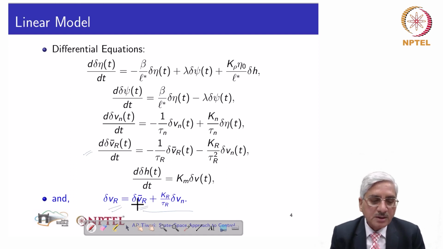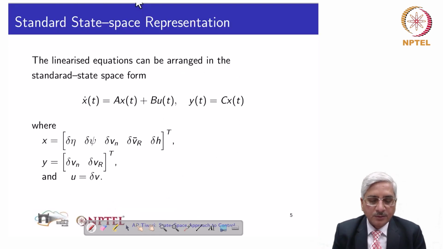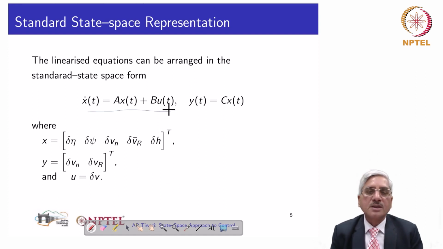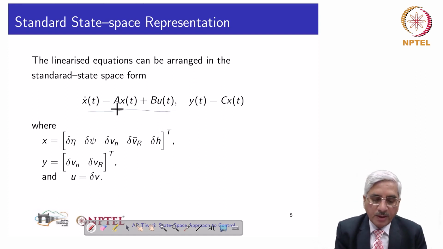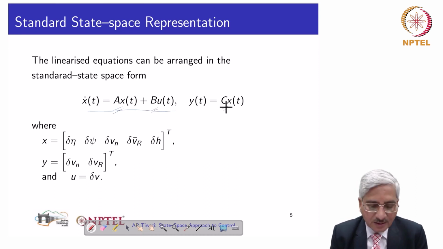So we have these equations for the system and the corresponding representation into standard state space form, where A, B and C are the respective system input and output matrices.